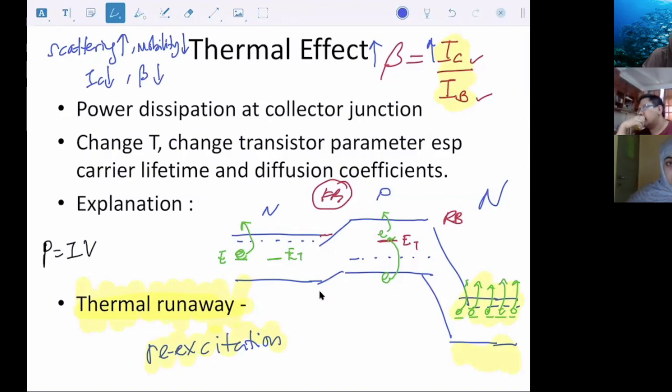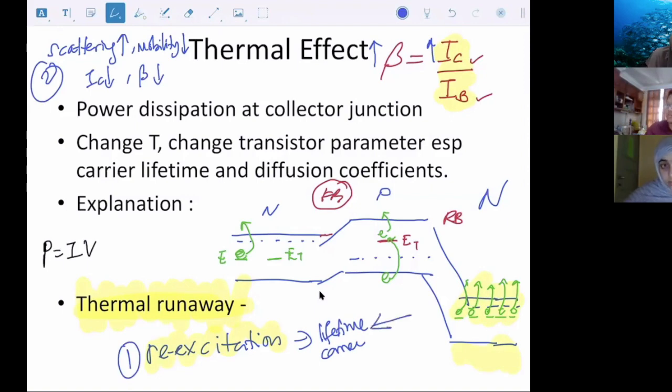Number one is due to re-excitation, and therefore we talk about the lifetime of the carrier, and the other is the scattering and mobility. There are two competing mechanisms. But generally, if this lifetime mechanism dominates, you have more free carriers due to the defect and also excitation of the free carriers from band to band, you will get thermal runaway, and it's destructive to the device.